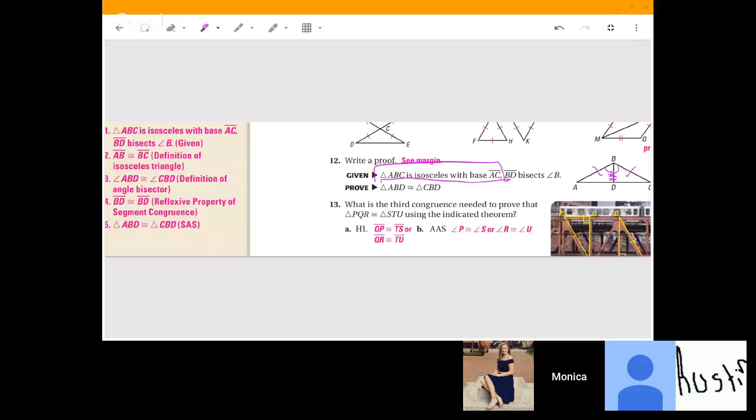So now we've shown a side, an angle, and another side. Now, is the angle the one that's included between those two sides? Yes. So side, angle, side would be how you can prove that those are congruent. Okay.